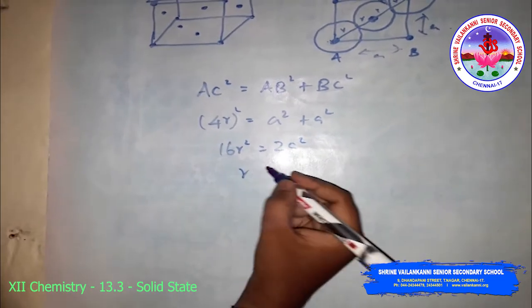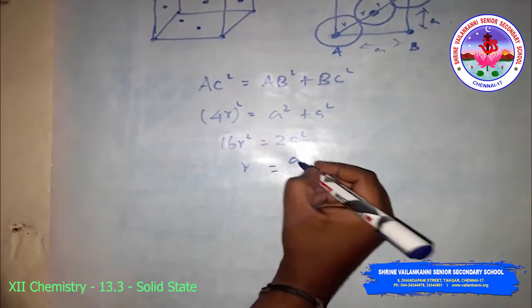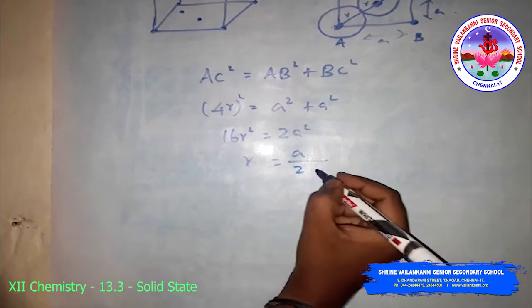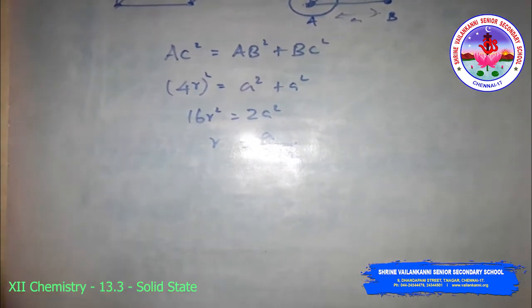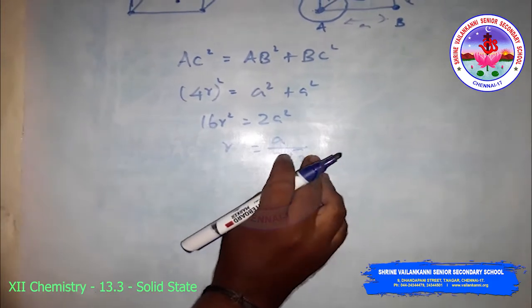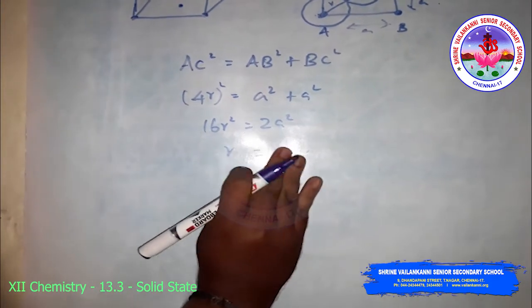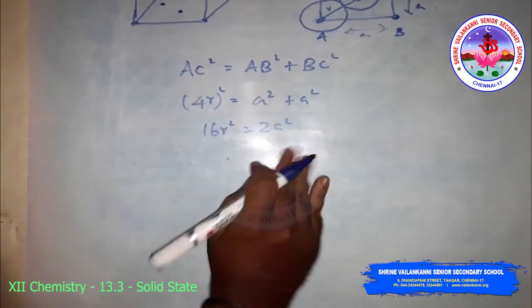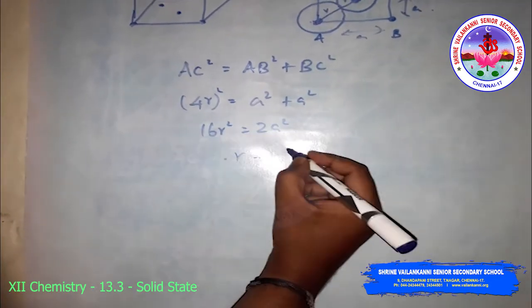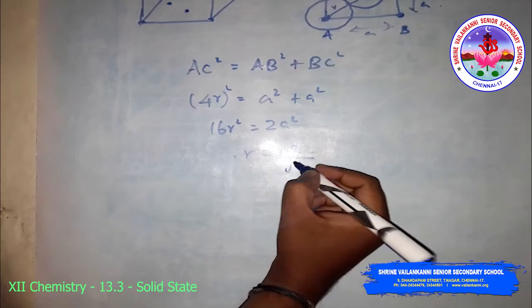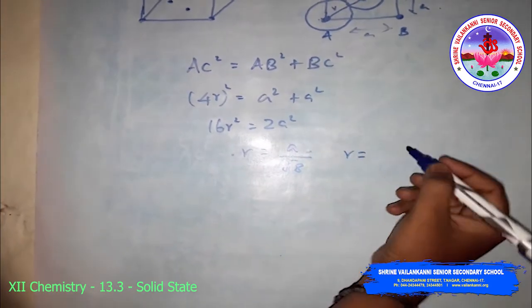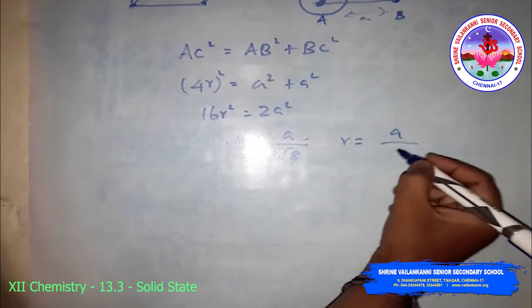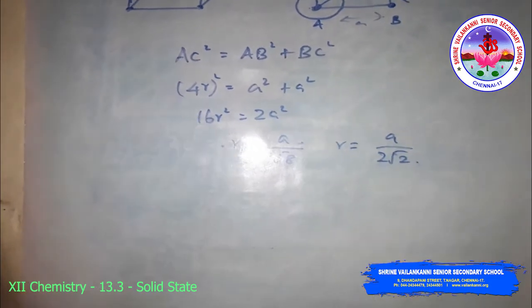Then R is equal to A by root 8. Then R is equal to A by 2 root 2.